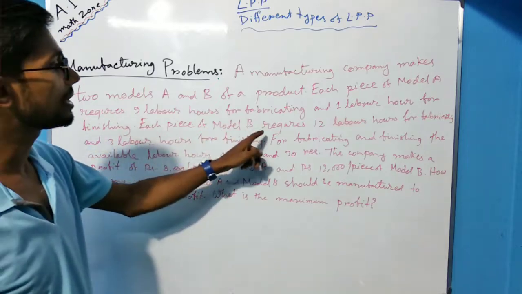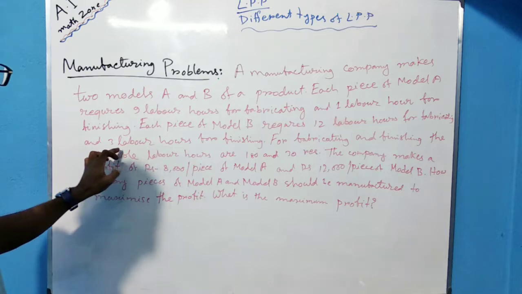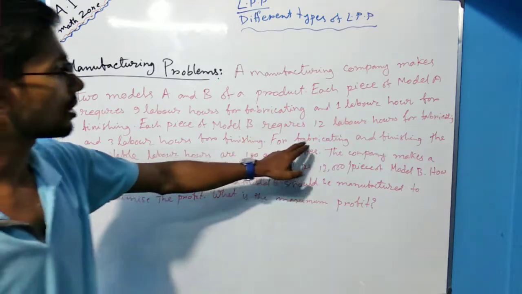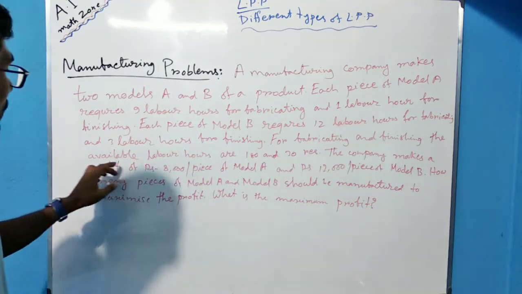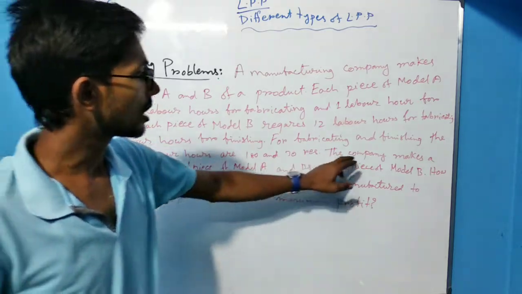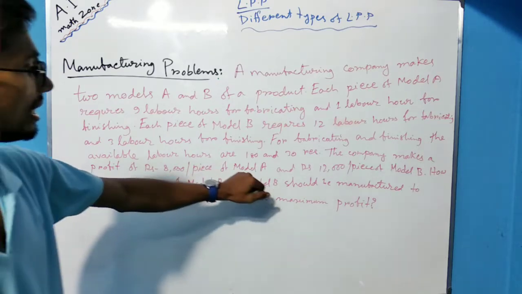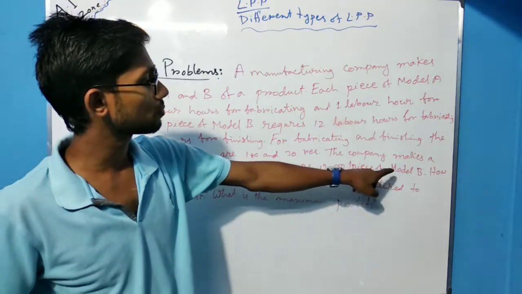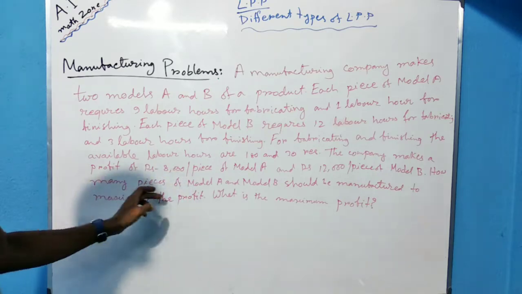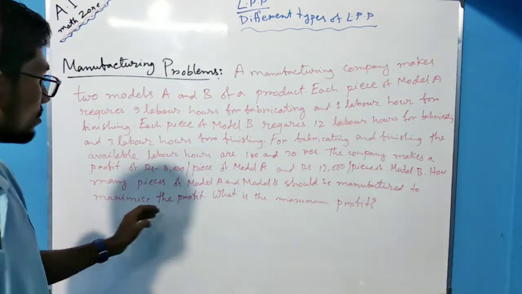Each piece of model B requires 12 labor hours for fabricating and 3 labor hours for finishing. For fabricating and finishing, the available labor hours are 180 and 30 respectively. The company makes a profit of rupees 8,000 per piece of model A and rupees 12,000 per piece for model B. So how many pieces of model A and model B should be manufactured to maximize the profit?